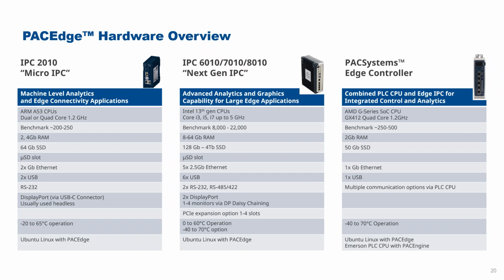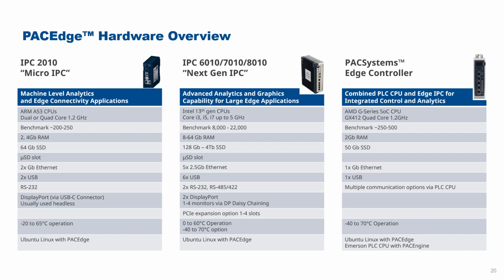On the USB side, there's 1 USB port. There's no local DisplayPort option, but if you wanted to do additional communications, we do have that via the PLC CPU and all the serial comms and Profibus and DeviceNet and other types of communications that the PLC can support. So we imagine that this will be used as a headless device, and you will always connect to a web browser, hence that's why there's no DisplayPort.